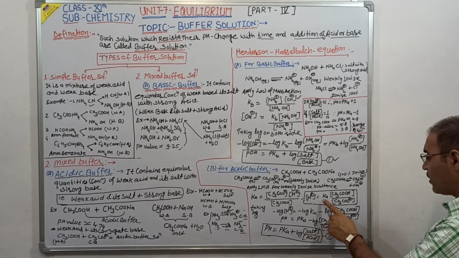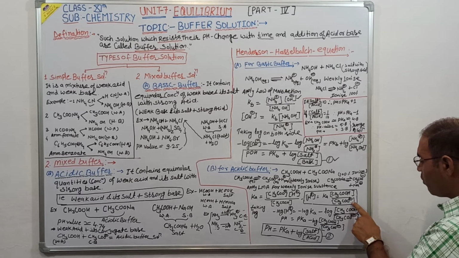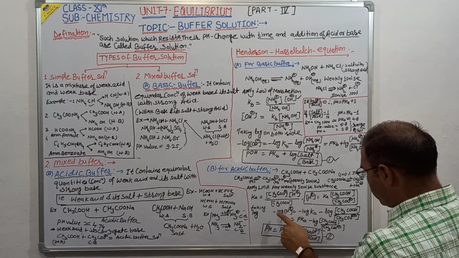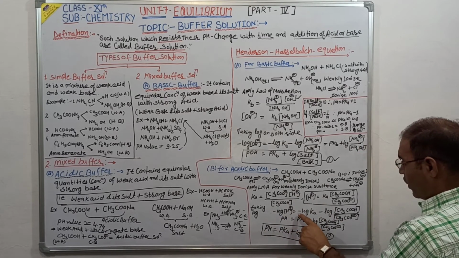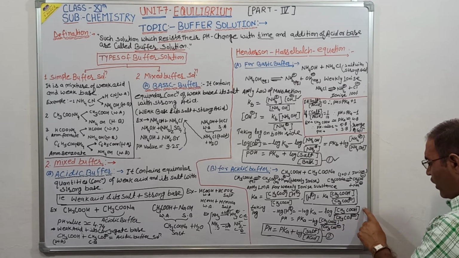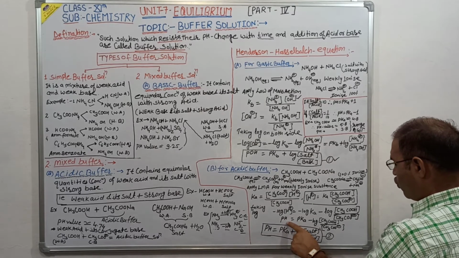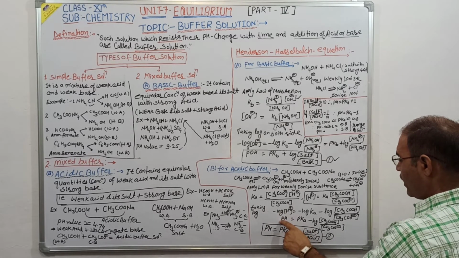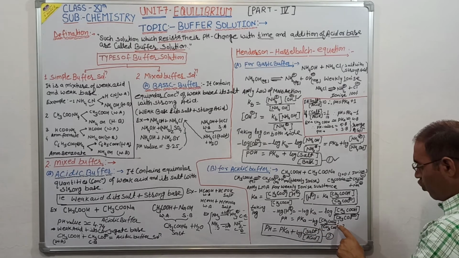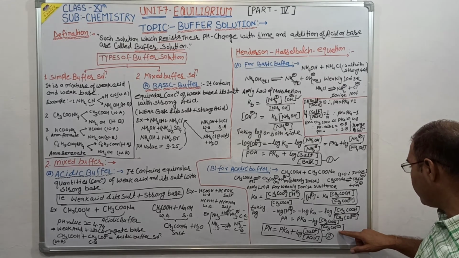So H plus ion concentration is equal to Ka times concentration of acetic acid upon concentration of acetate ion. Taking log, minus log H plus is equal to minus log Ka minus log acetic acid concentration upon acetate ion concentration. So pH is equal to pKa minus log CH3COOH upon acetate ions.